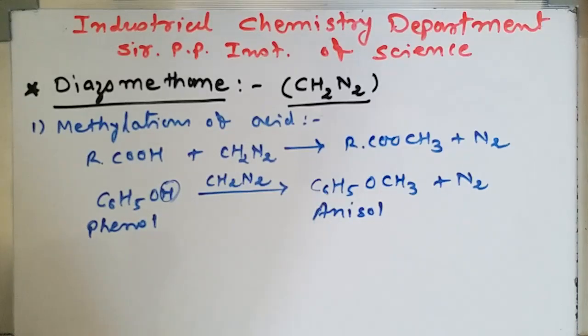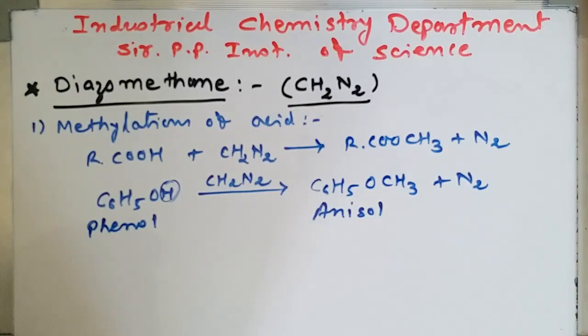So the phenolic group is also converted into an alkyl ether. In practice, an ethereal solution of the reagent is slowly added to a solution of the compound to be methylated in a suitable solvent at 0 degrees Celsius until a faint permanent yellow color is observed.